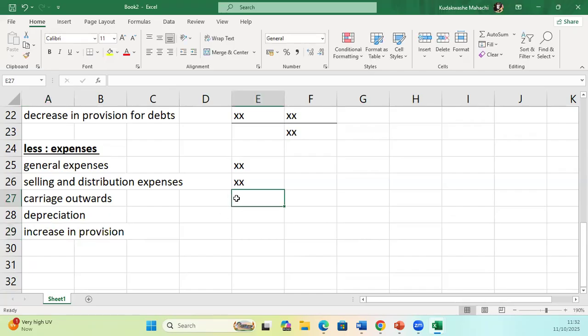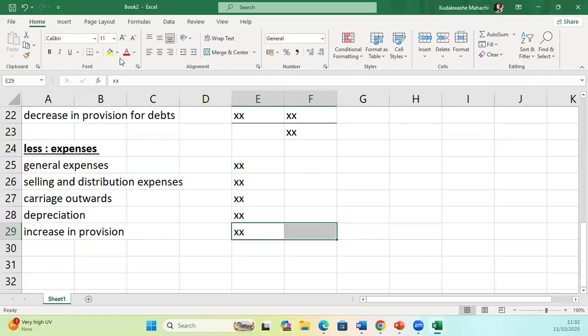So the expenses are a lot. We have rent and rates, salaries and wages. We have insurance. We can have motor expenses. So it depends on the question. I've just given you a few.